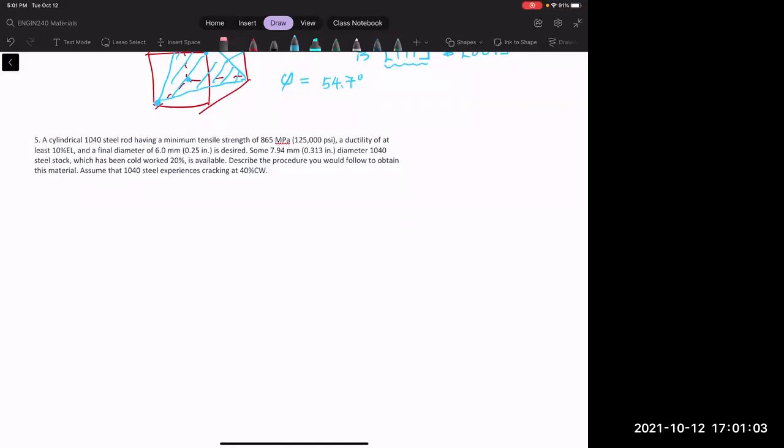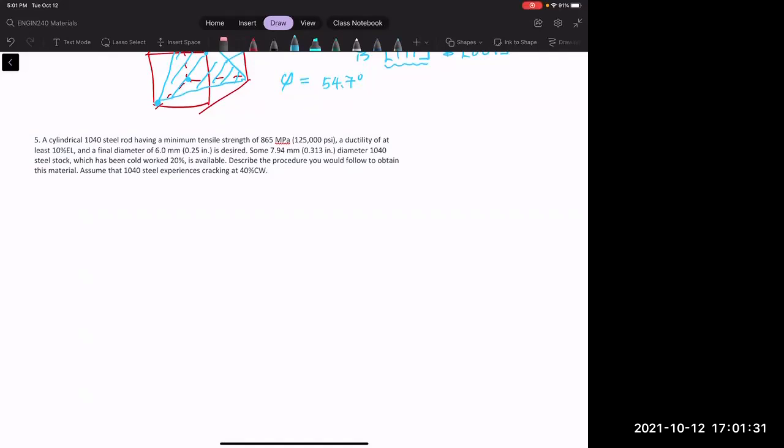That figure relates the percentage of cold work to the strength, the yield stress, and also the percentage of elongation, percentage of EL. So there are 3 different graphs. You're going to use those graphs to find the result.